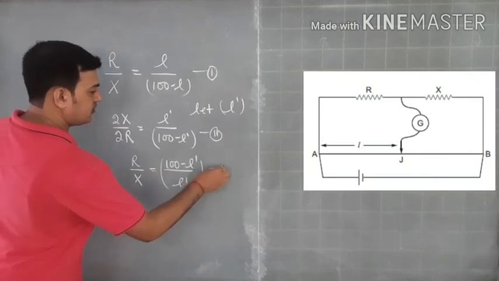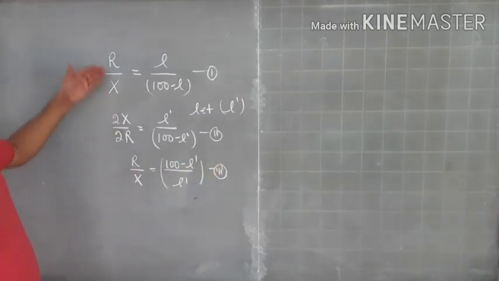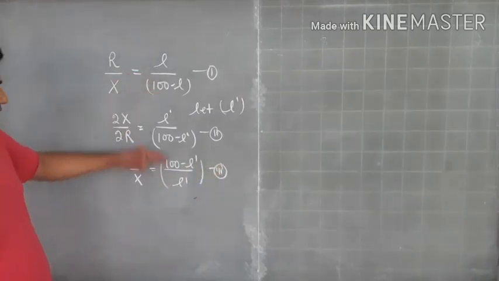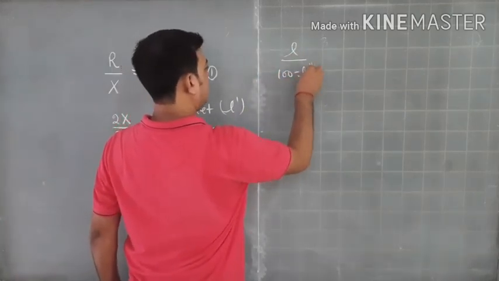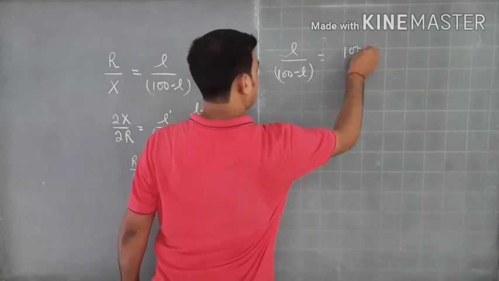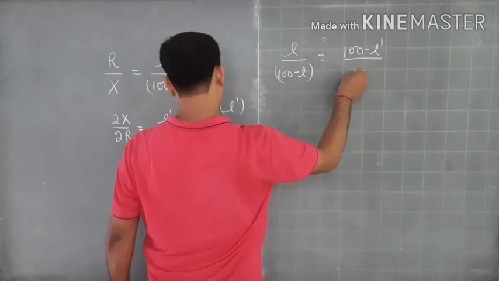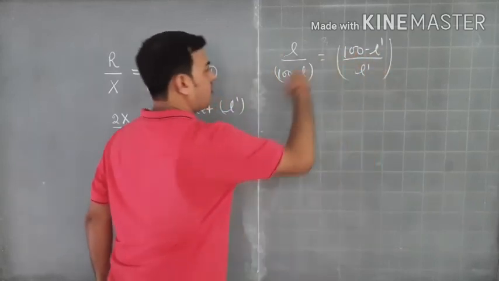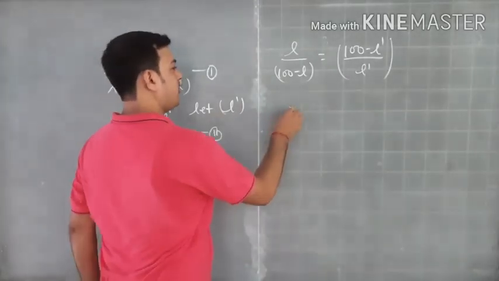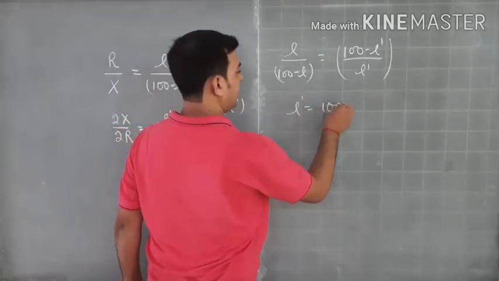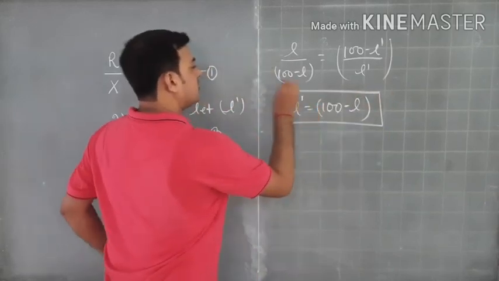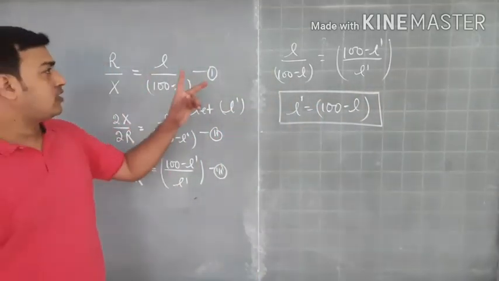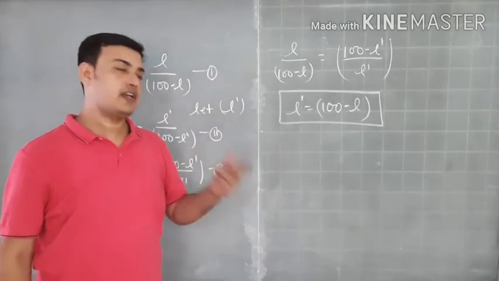This is equation number 3. As you can see, both the left hand sides are equal, so I can equate the right hand sides. So L by (100 minus L) equals (100 minus L dash) by L dash. Now you cross multiply, and if you simplify, you will get L dash as 100 minus L. So this is the new length when both the resistances are doubled and exchanged.